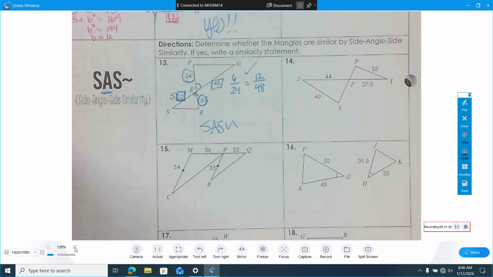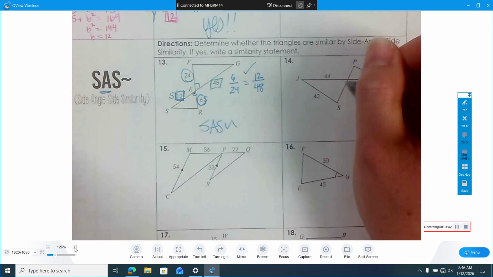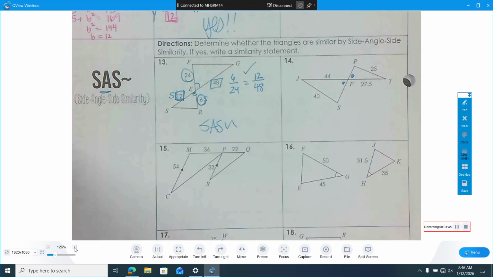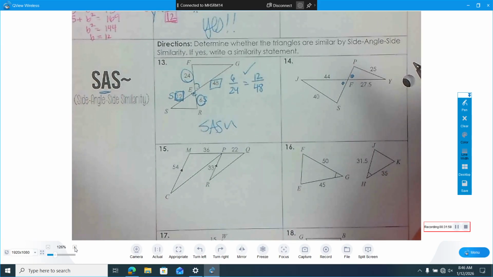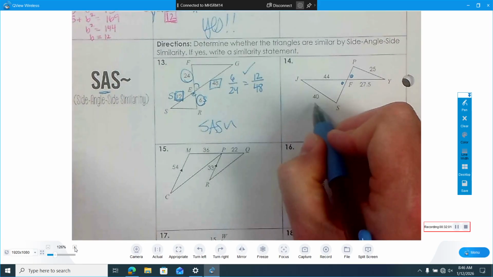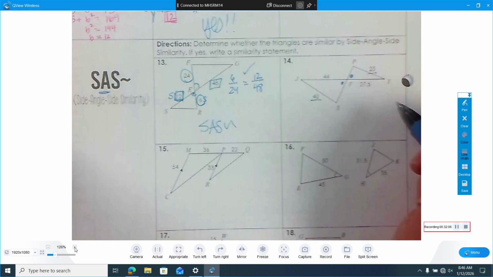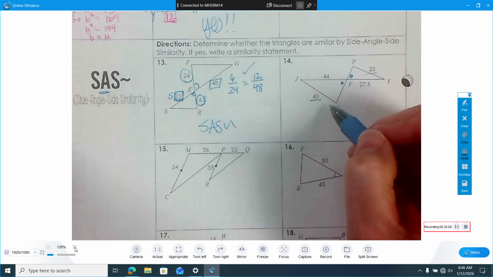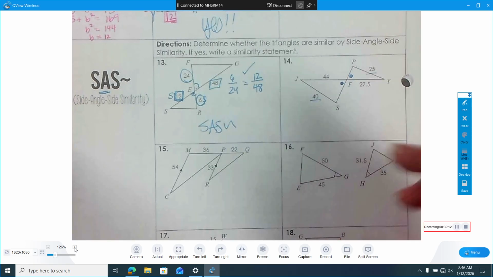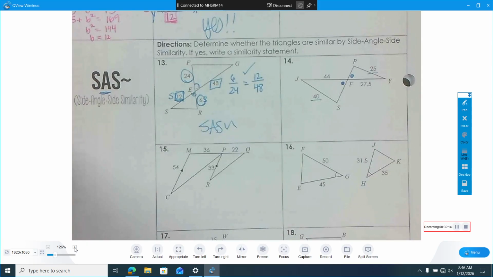What about number 14? We do know that vertical angles are congruent. Do we know any other angles are congruent? Is that an included angle? 40 and 25. So if you did, you could write the proportion 40 over 25. But is our angle that we know congruent, is that in between the two side lengths?